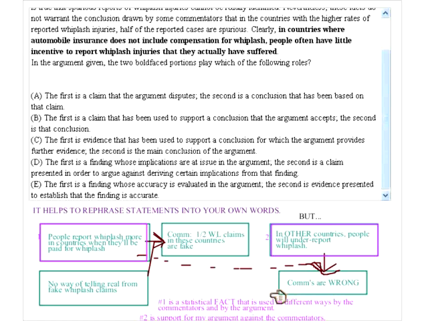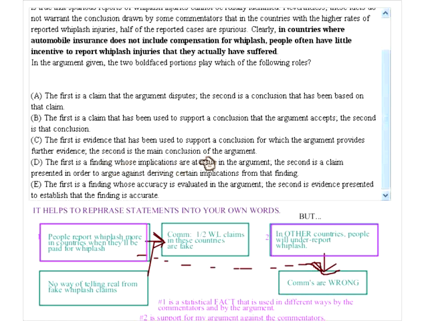And it's not really in keeping with this. The first is evidence that has been used to support a conclusion for which the argument provides further evidence. The second is the main conclusion of the argument. Well, the second's not a conclusion of anything. The second is support for this conclusion.